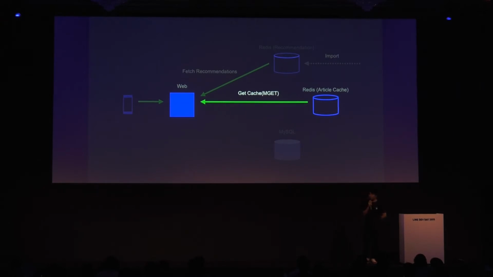Redis Sentinel receives mget operations. Redis Sentinel has cached article information. Mget is multiple get; multiple keys can be sent. It's very handy. However, it doesn't work on a cluster. The articles which were not found in the cache will be obtained from MySQL.